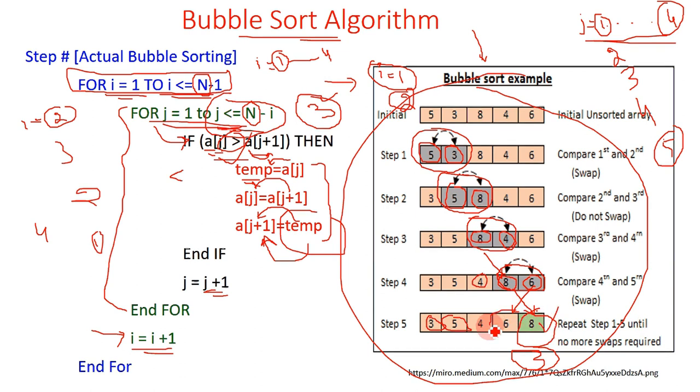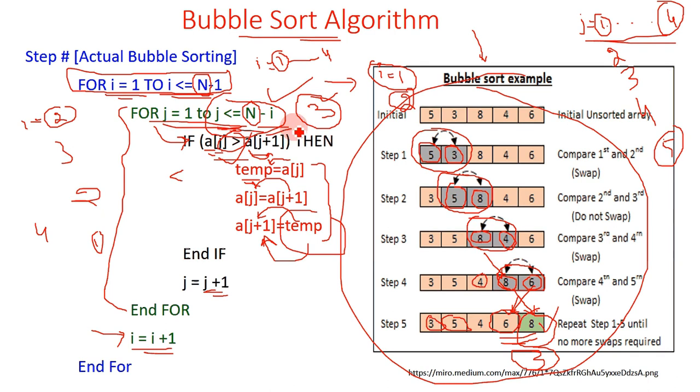In the second pass, the second location will hold its proper value, and so on, so there is no need to compare these locations. Therefore we place j is less than or equal to n minus i.